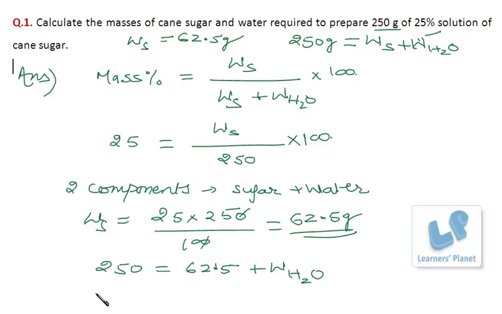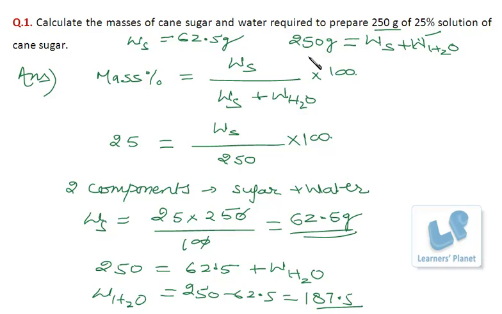So what will be the weight of water in this solution? It will be 250 minus 62.5. What will be the answer of this question? It will be 187.5.